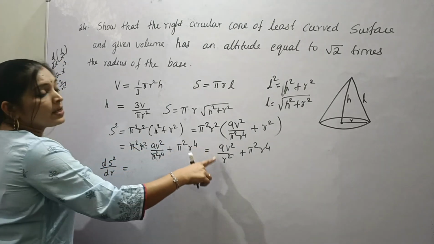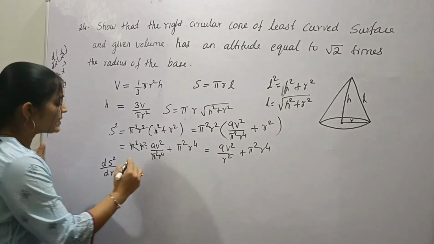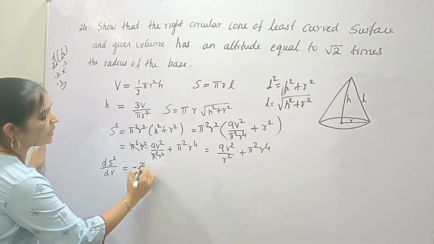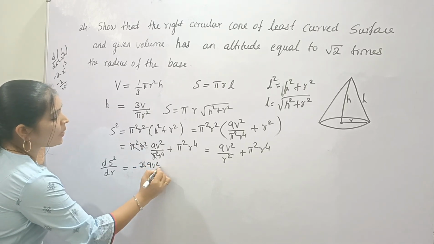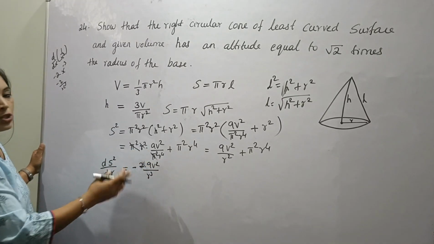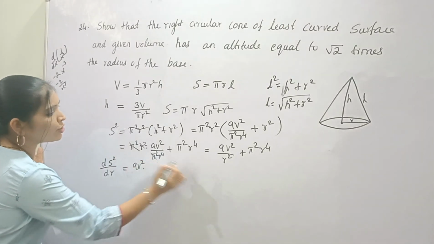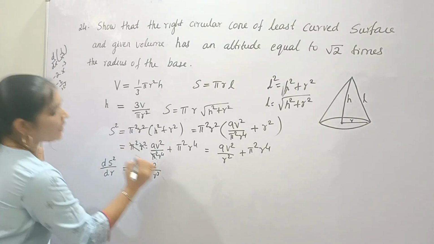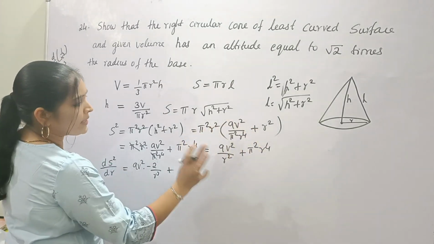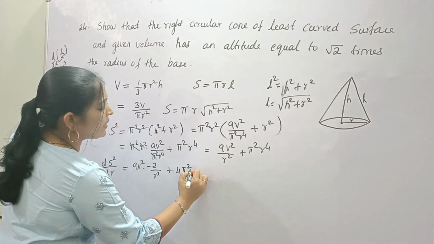Similarly, the derivative of 1 by r square with respect to r is minus 2 by r cube. 9v square is constant, so 9v square into minus 2 divided by r cube, plus, pi square is constant, so the derivative of r raised to 4 is 4 pi square r cube.